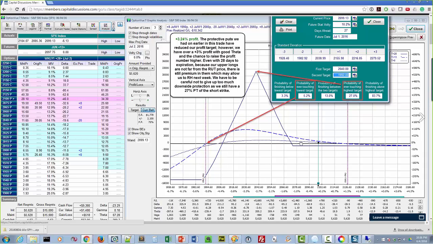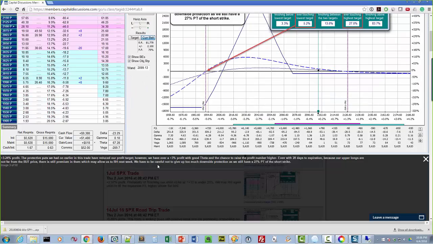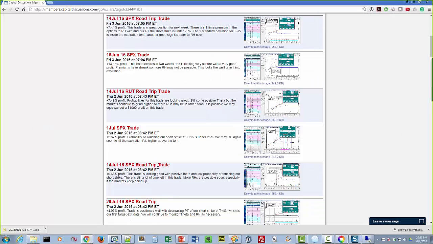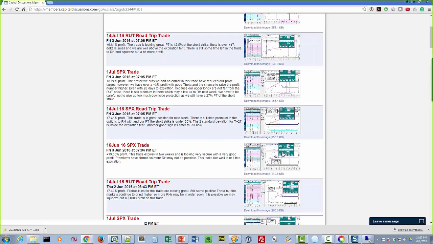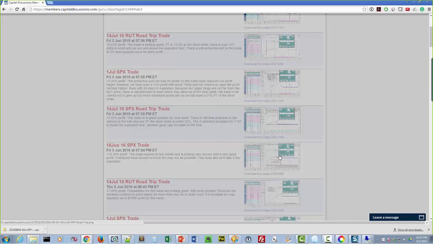But I should also say that these tools that we have shown will work for whatever you have on and whatever size you have on, if you have anything on. If you are trading the road trip and you have different strikes than we do or smaller size, these same tools will work for you.